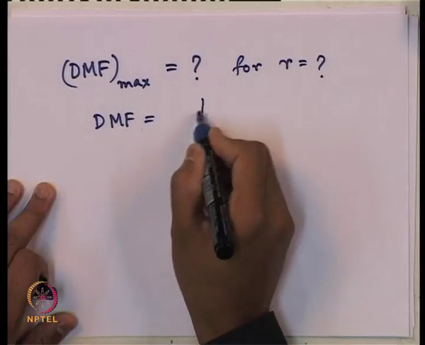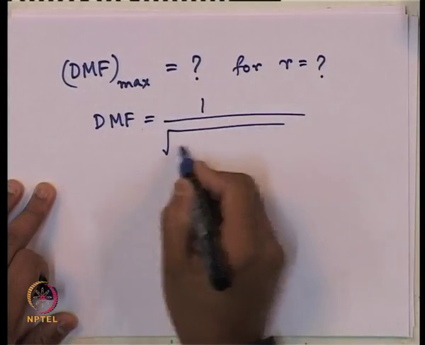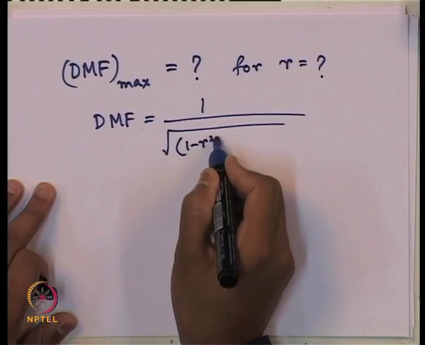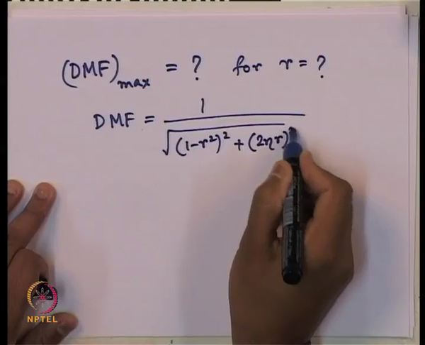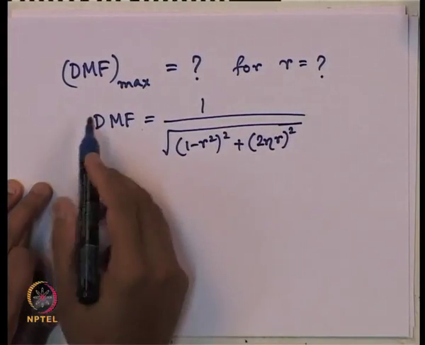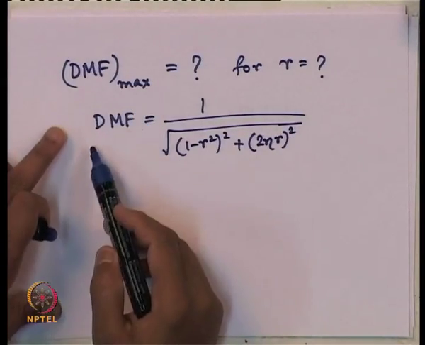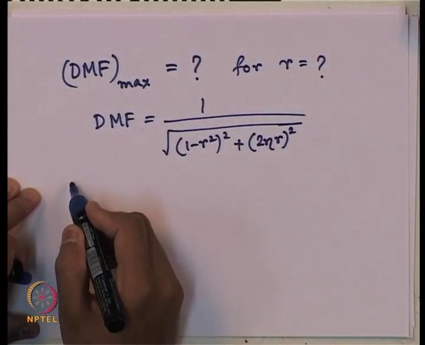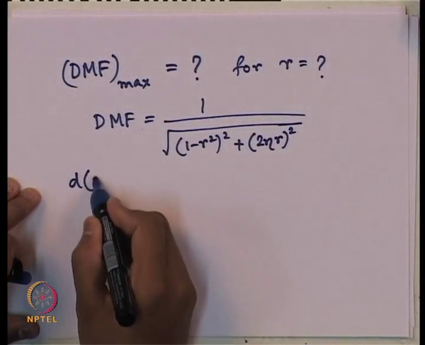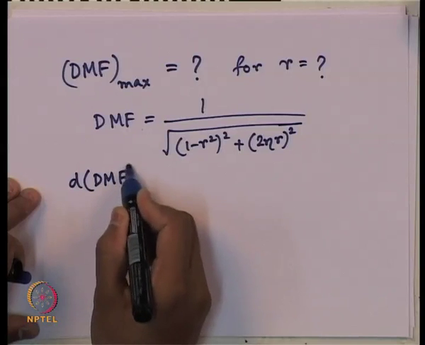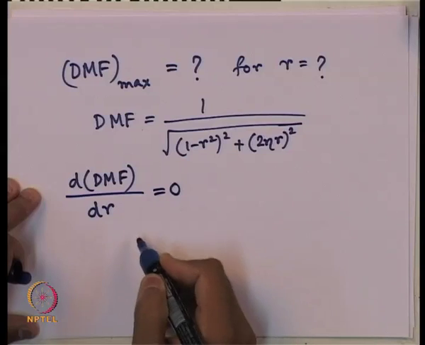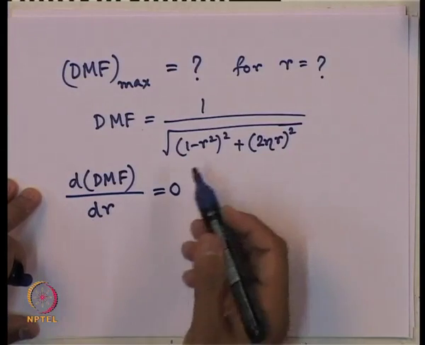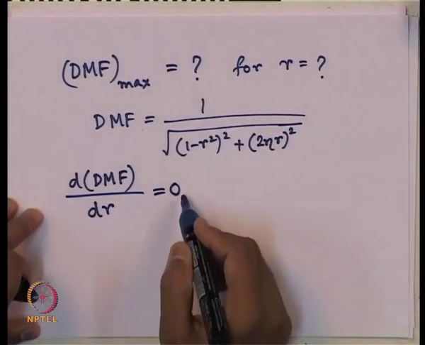What is the expression for DMF? The expression is 1 by root over (1 minus r square) whole square plus (2 eta r) whole square. So, if we want to find the maximum dynamic magnification factor, what do we need to do? We need to differentiate it with respect to r and equate it to 0. Then let us do that operation.